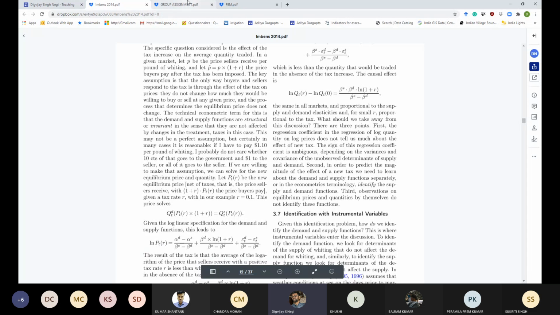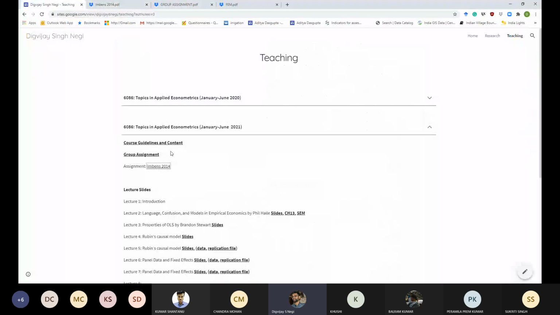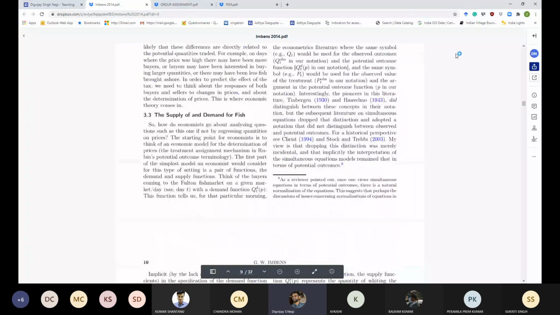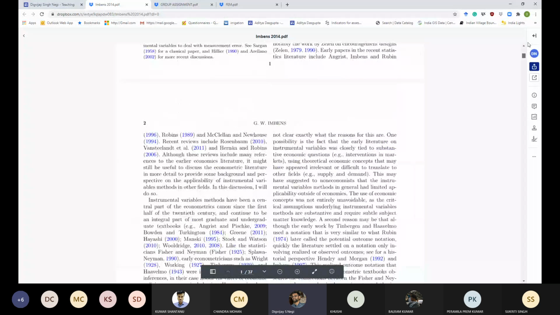So I'll repeat it again. What you have to do is go on to my web page and download this paper. I will also upload these details on your Teams, so that you have easy access. So you first look at your group assignment, see who your group members are, and then you have to read this paper, this one.